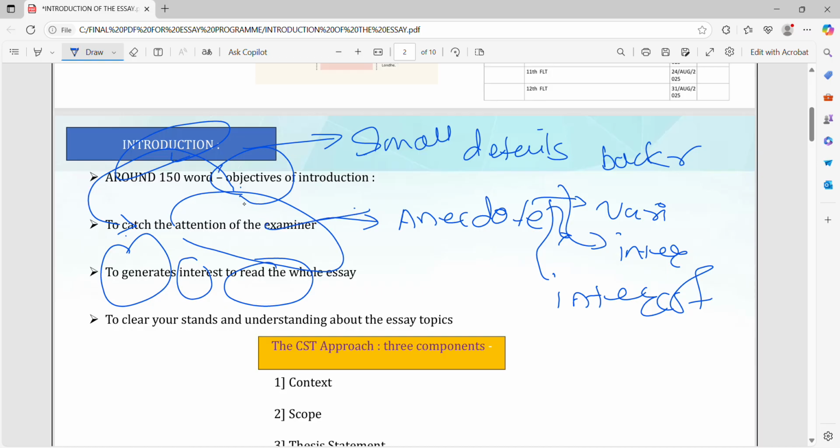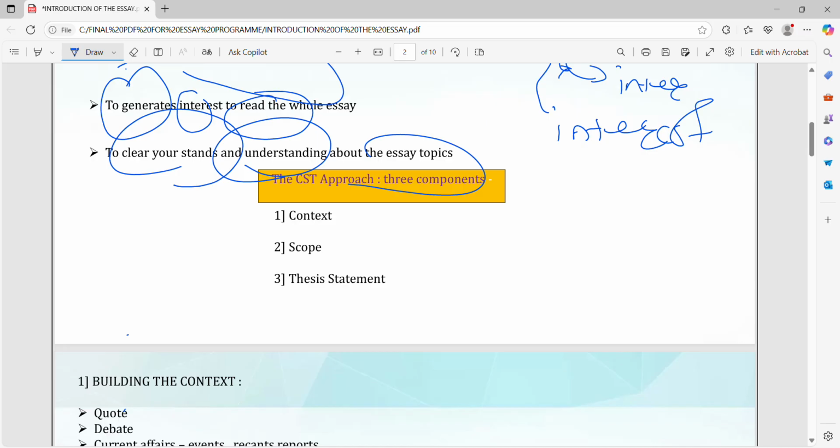It also helps us to guide the examiner to read the whole essay, because it makes our stand clear. Suppose there is an essay on whether capitalism can bring inclusive growth.